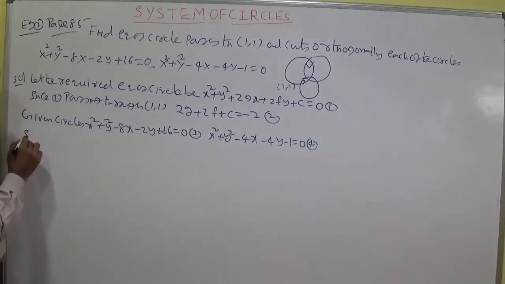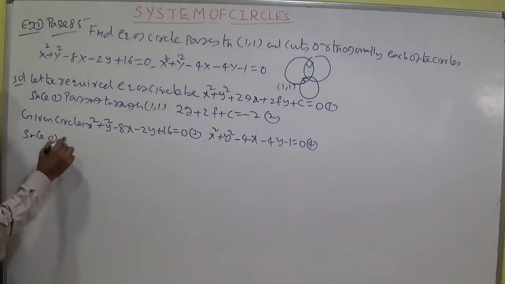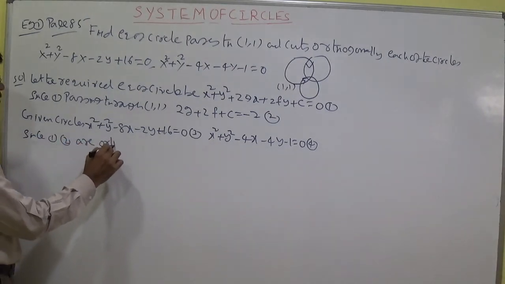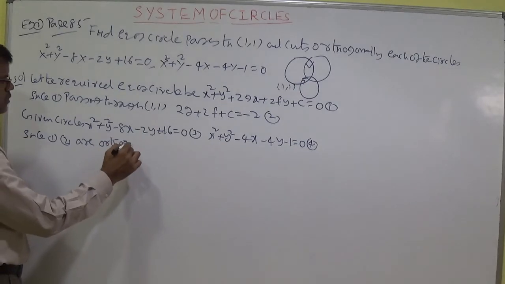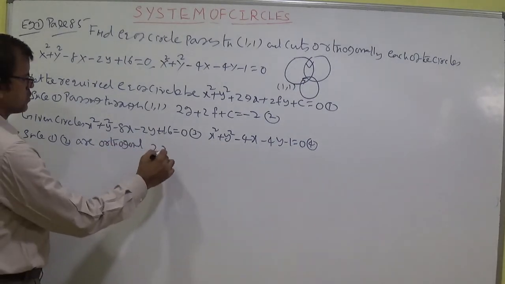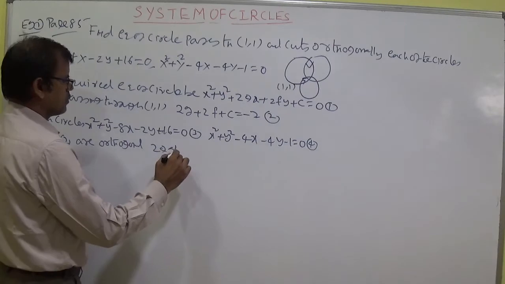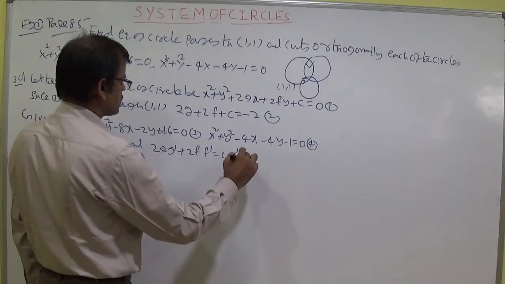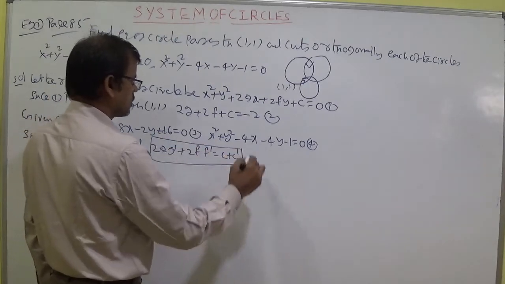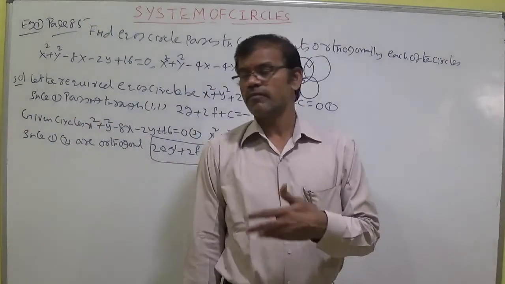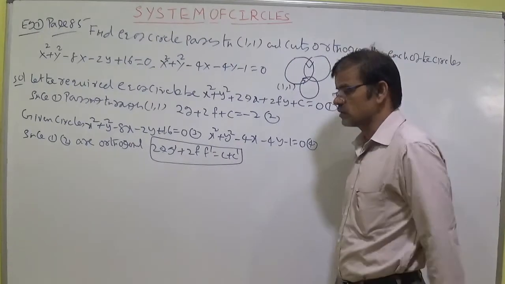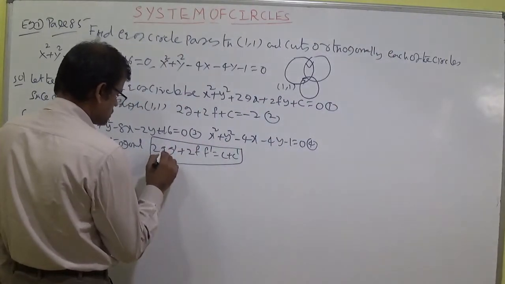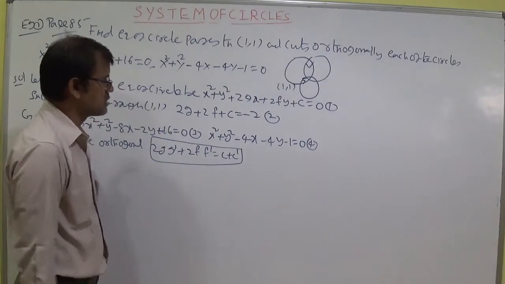Let us write, since 1 and 2 are orthogonal, using the formula 2g g dash plus 2f f dash equal to c plus c dash. You should remember the formula and pronounce it a number of times, then you can get the formula easily.